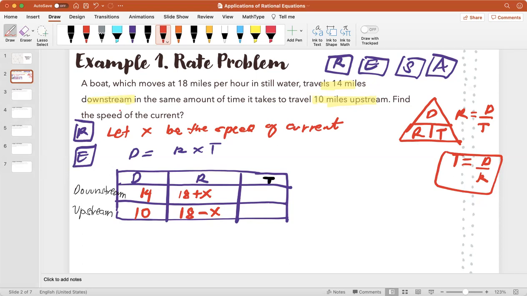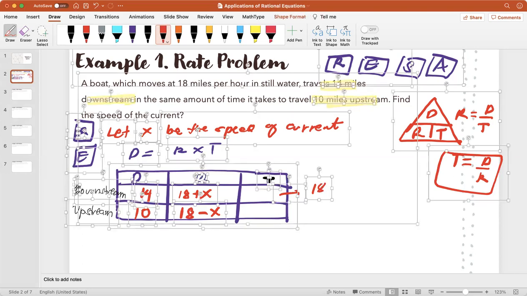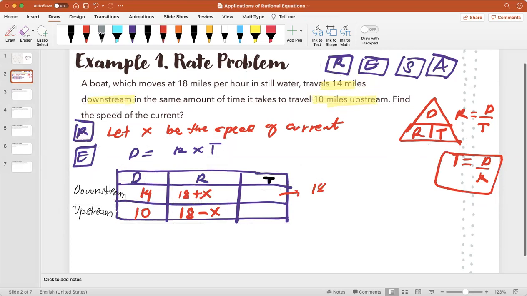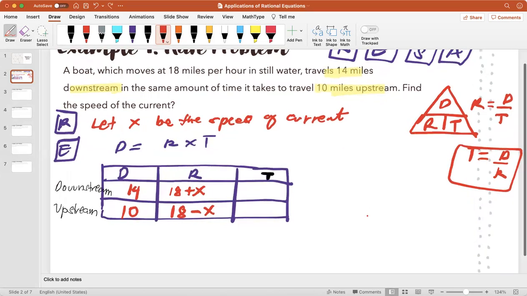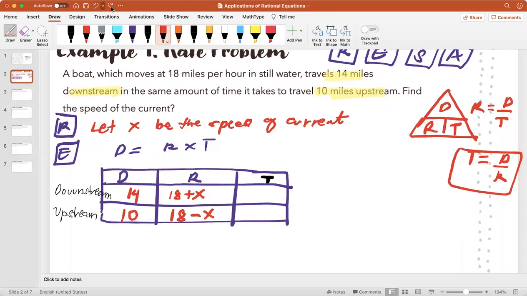So the expression that will define your time for downstream is distance over rate.